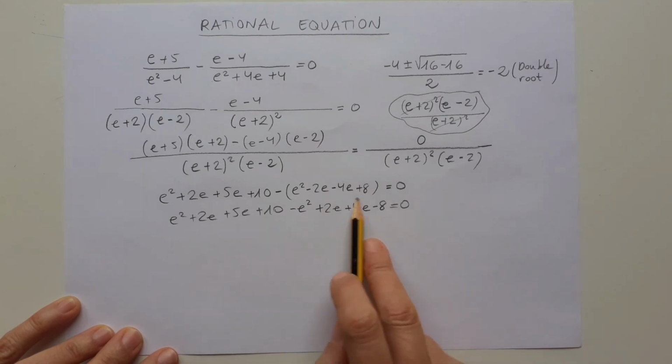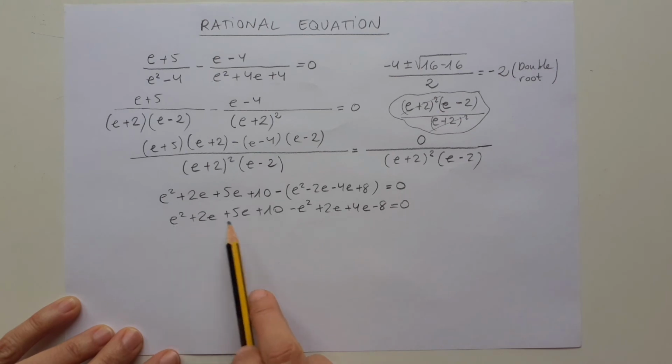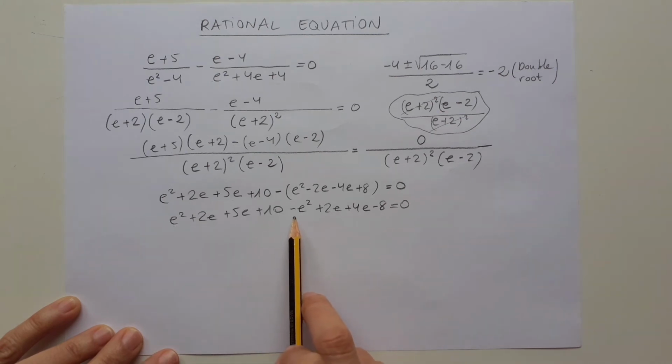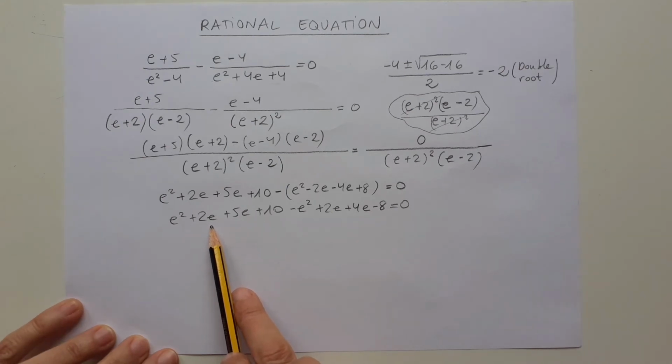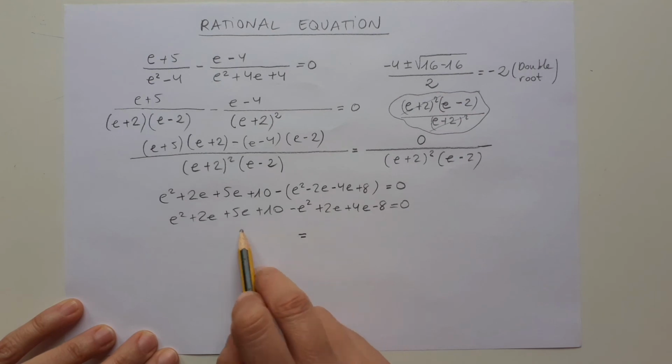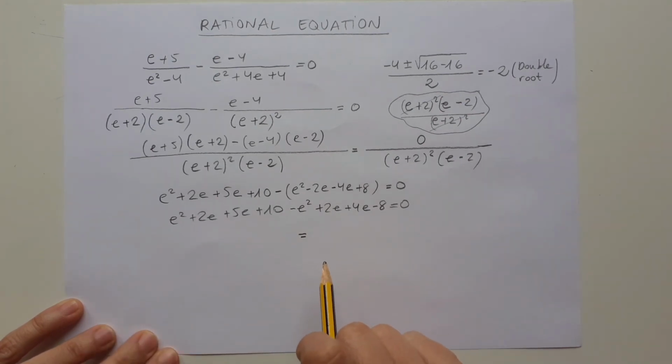Now, this looks like a second degree equation, but it is not, because look, e squared minus e squared is 0. So it looks like a second degree equation, but it is a first degree equation. So let's place all the terms with the variable here and all the numbers here.